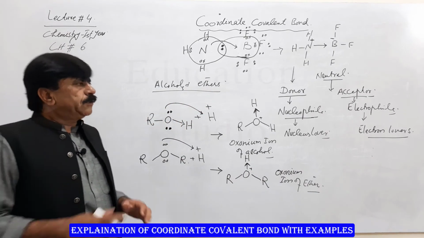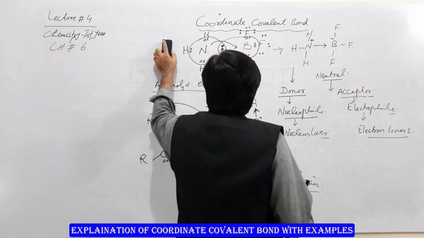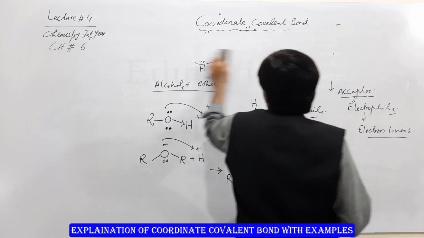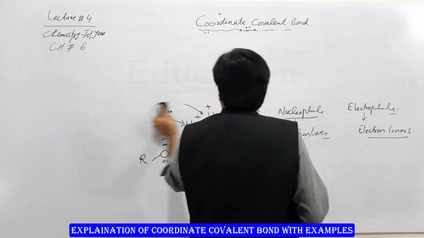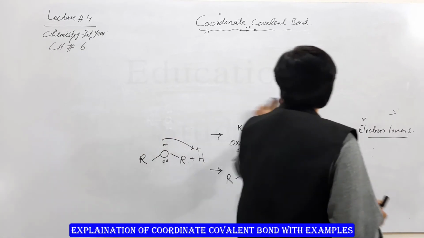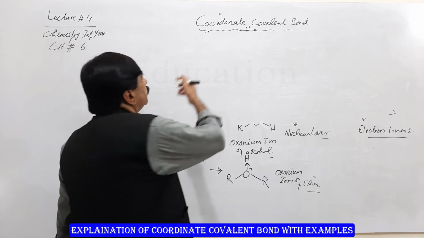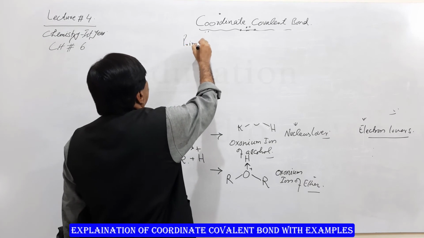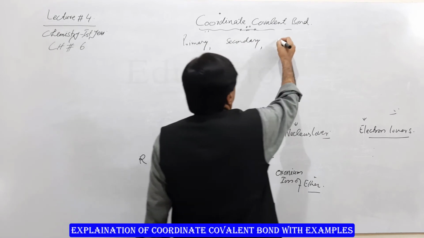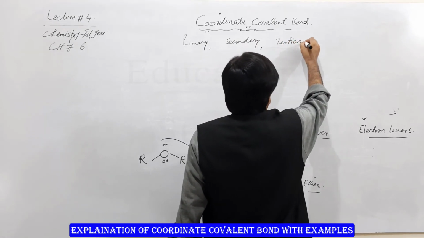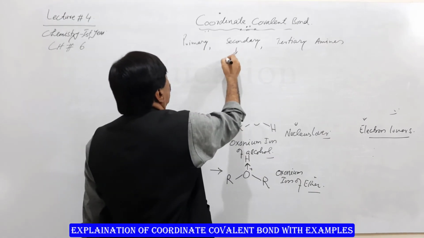Students, we have studied different other examples in which the coordinate covalent bond is formed, where one atom becomes the donor and the other becomes the acceptor. We say that primary, secondary and tertiary amines also form the coordinate covalent bond.